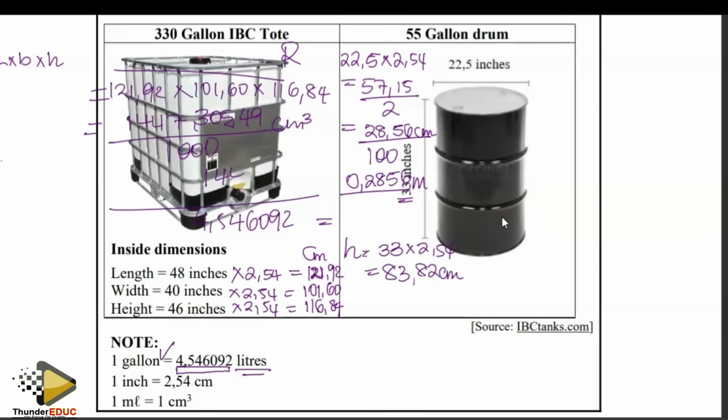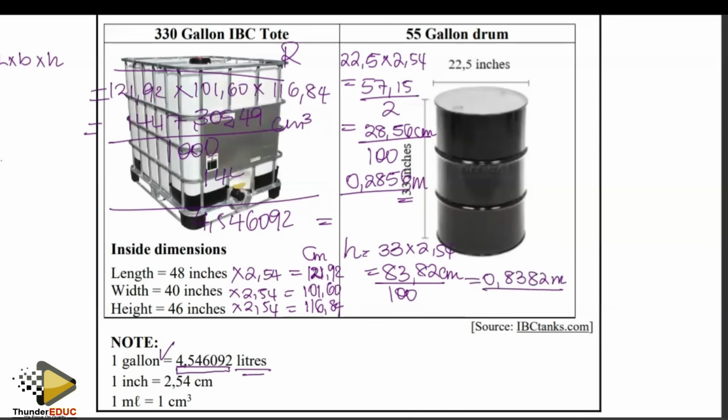These are centimeters. I want them to be meters. I divide by 100, and I will end up having my height as 0.8382 meters. So I've dealt with everything now.